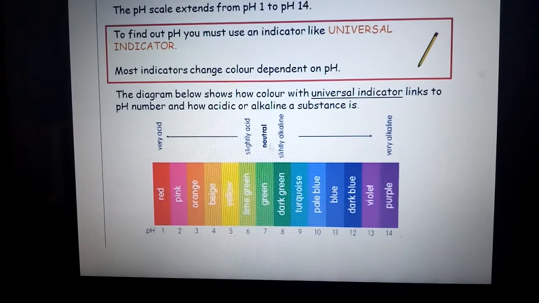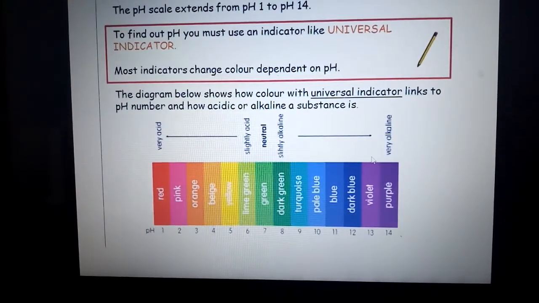Still from neutral, pH 7, going to dark green, slightly alkaline or weak alkaline. And from pH 8 until pH 14, this is alkaline, increasing in alkalinity. Once again, from pH 8 until pH 14, this is alkaline, and towards pH 14, it is getting stronger in alkalinity.